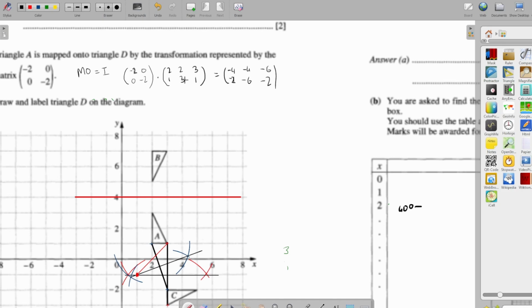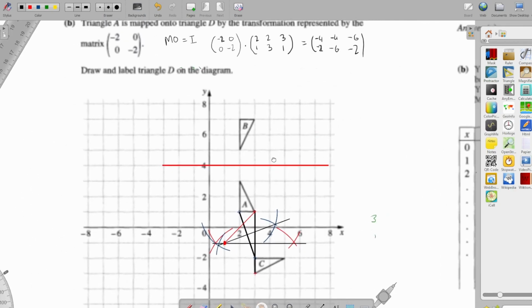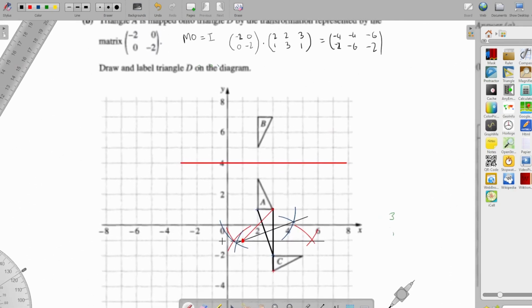All right, and let me just confirm I got these correctly. So 2 and 1, 2 and 3, and 3 and 1. Yeah, so I do have them correct, and we can simply do this.